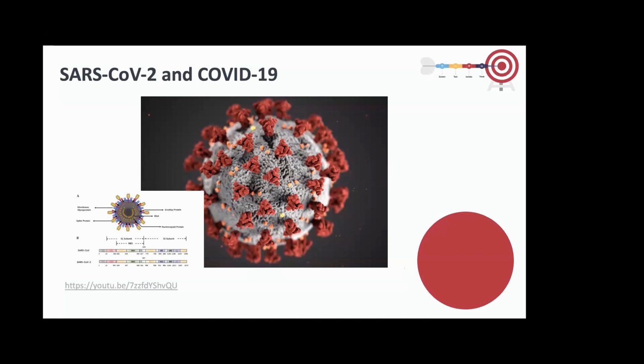That's why it's called corona. It also has the M protein, which is a membrane glycoprotein, and the nucleocapsid protein, the N protein. These 3 proteins on the outside form the envelope of the virus.